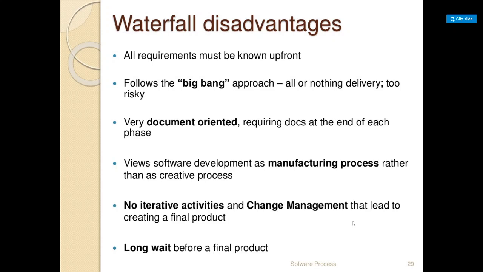That is, it is only focusing on just developing it. They don't want to be creative, nor fancy. They just want it to do as it was said, with no iterative activities and change management leading to the final product. The final product cannot be changed in between. Whatever was planned in the beginning will be delivered at the end, and there is a long wait. You cannot have it very quickly.